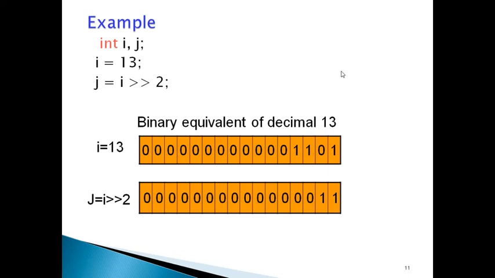Now the value: i equals 13, j equals 3 only. This is the right shift operation.